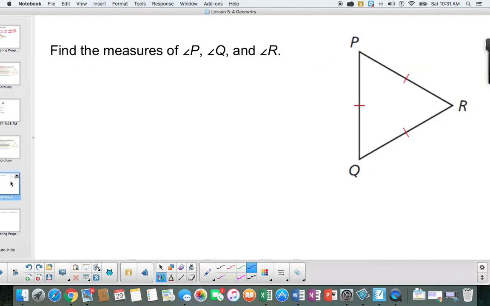Okay, notice that this triangle is equilateral. Equilateral means all these angles are the same. Now this is a triangle, and we know the angles add up to 180, and if you divide 3 into there, then these are all going to be 60 degrees.